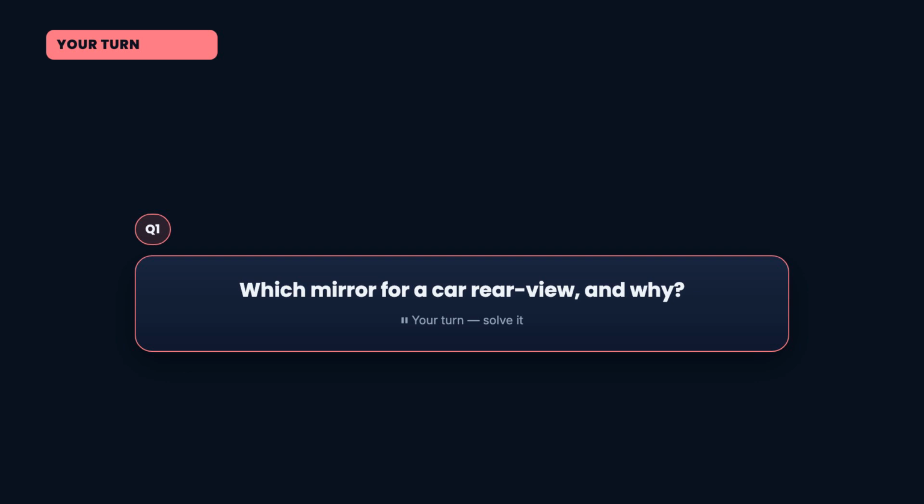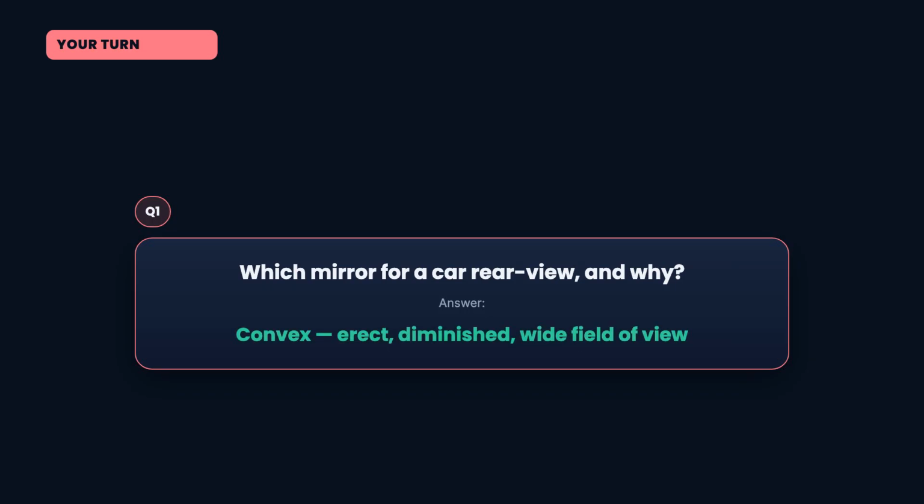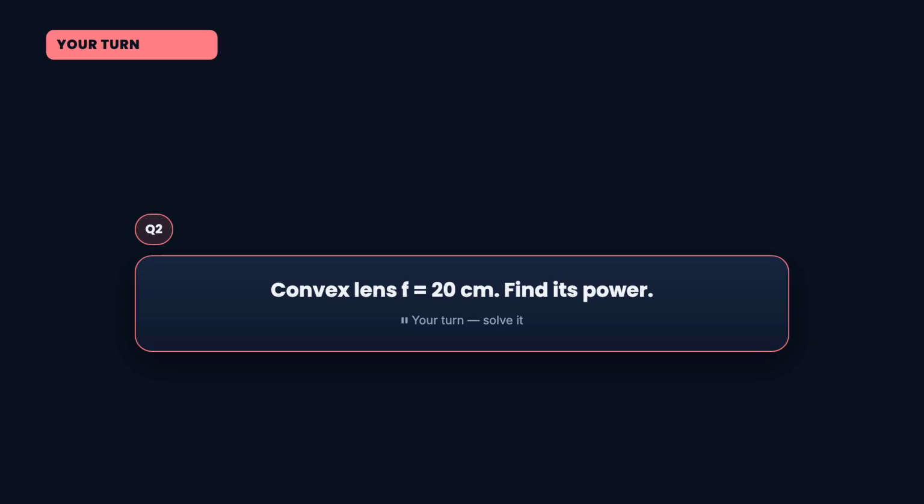Question 1. Which mirror is used as a car's rear view mirror, and why? A convex mirror, because it gives an erect, diminished image and a wider field of view. Question 2. A convex lens has a focal length of 20 centimeters. Find its power.